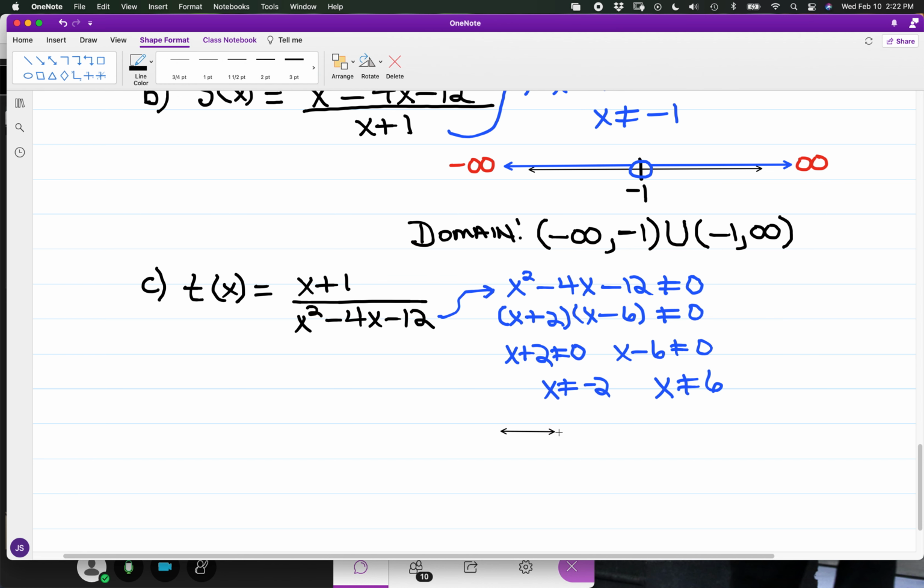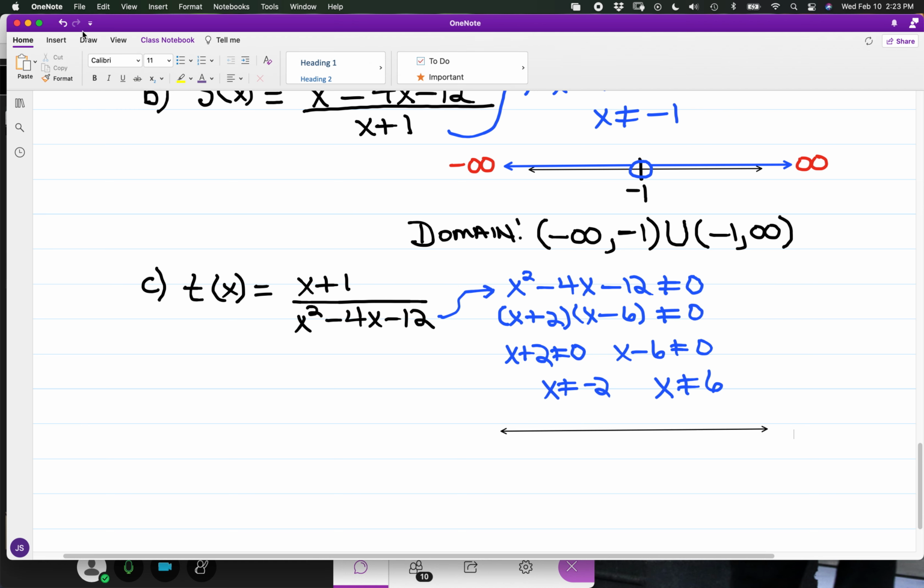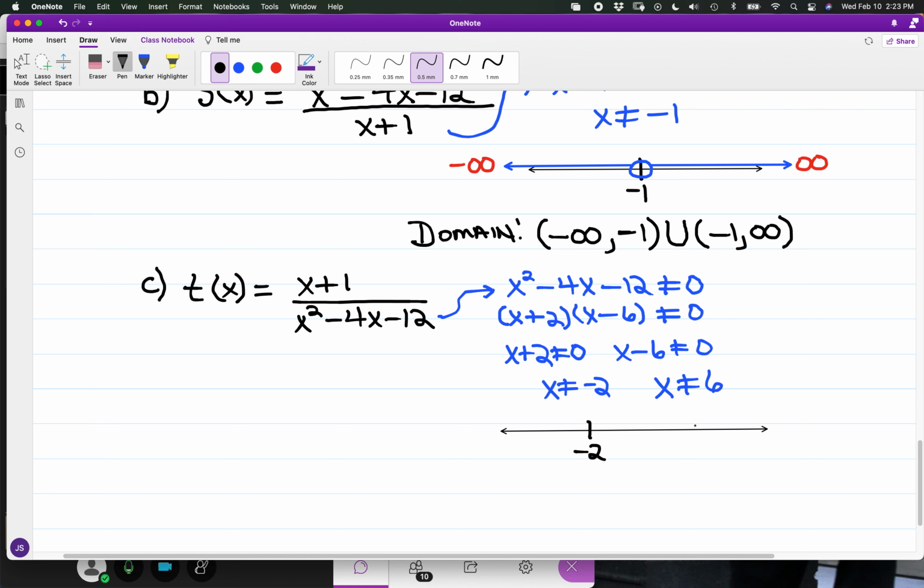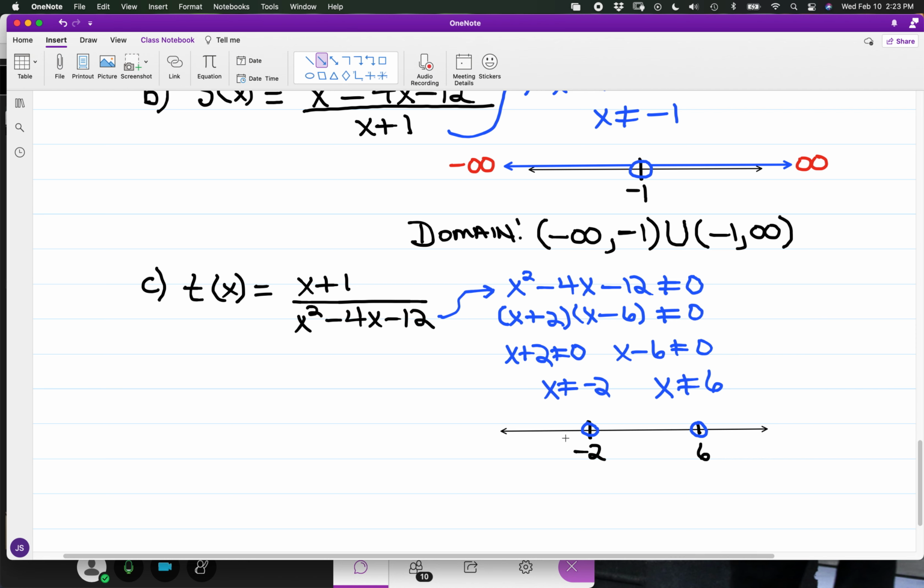And just taking the graphing of the exclusions as a bit of a visual backdrop to the domain representation utilizing interval notation: we have negative 2 excluded, so you have a hole, or open circle, on negative 2, and for the same reason you have a hole on 6. Then in terms of the domain, you're going to have 3 layers here.